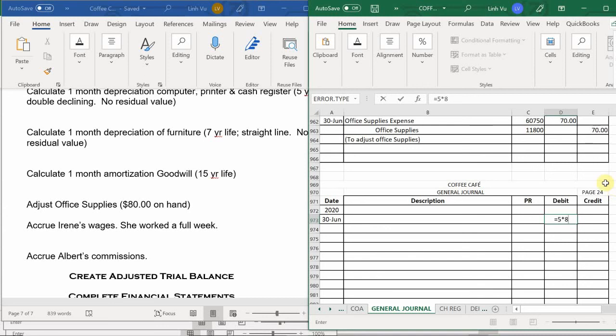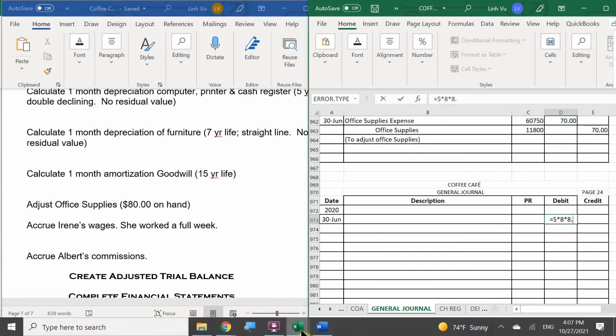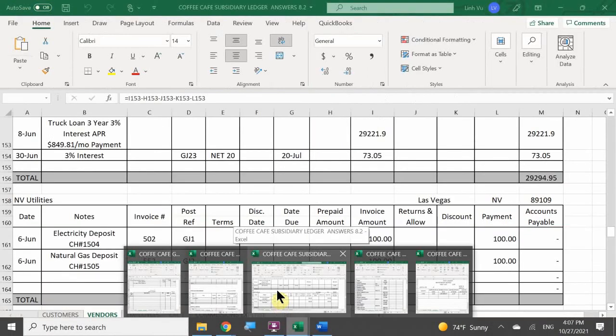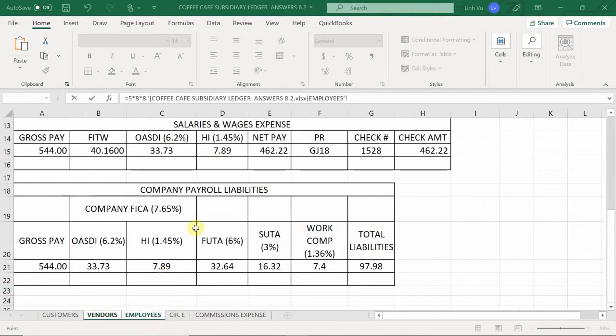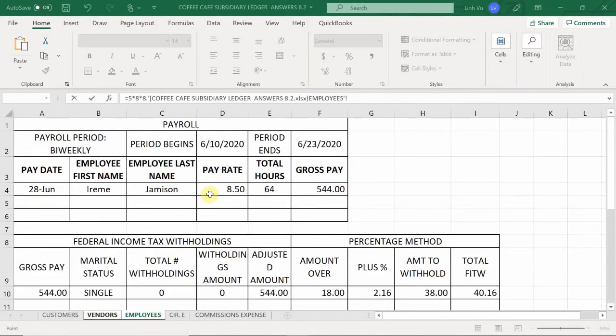8 hours a day. And how much does she earn? Let's look at her employee record. How much is her pay rate? 8.50.